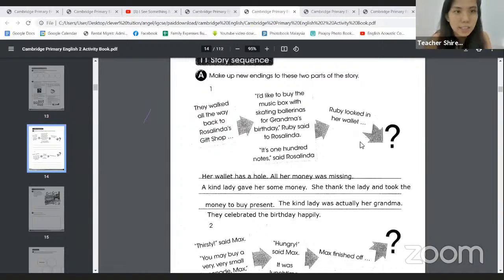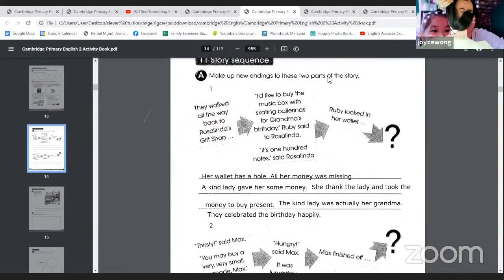Her wallet has a hole. All her money was missing. Okay, if it's too much to copy, you can copy less. A kind lady gave her some money. Yes, Joyce.